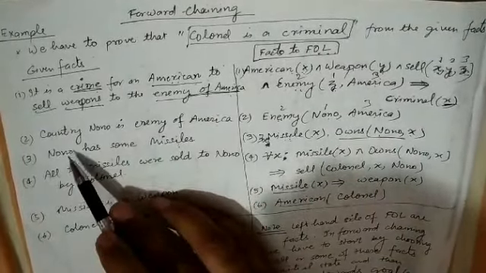All the missiles were sold to Nono by Colonel. Let's say X is a missile. For every X, for all, we will use this quantifier.